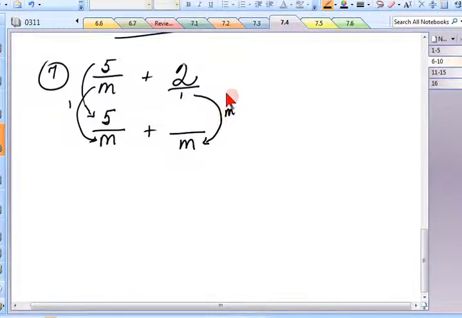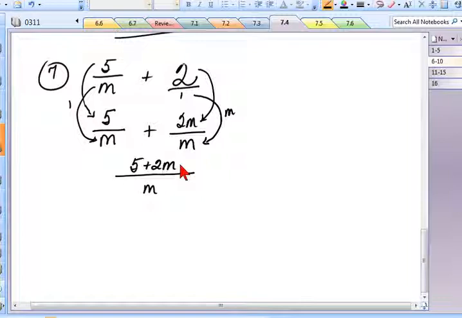By m. And then 2 times m is 2m. Okay, it seems like we're back to a super easy problem, and we are. The whole purpose of this problem is what did you do when that started out as a whole value 2, and you already knew. Keep the m. I have 5 plus 2m as a numerator.